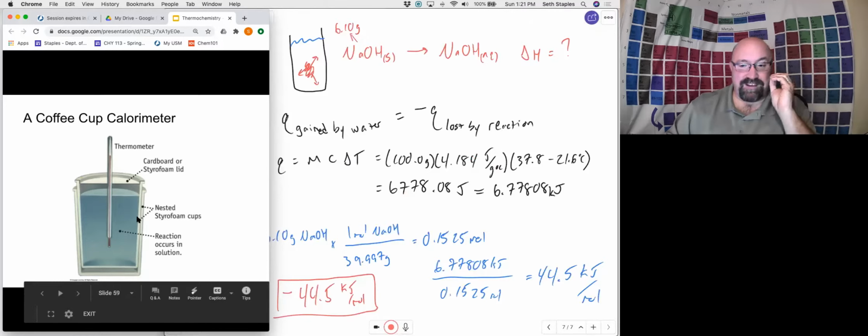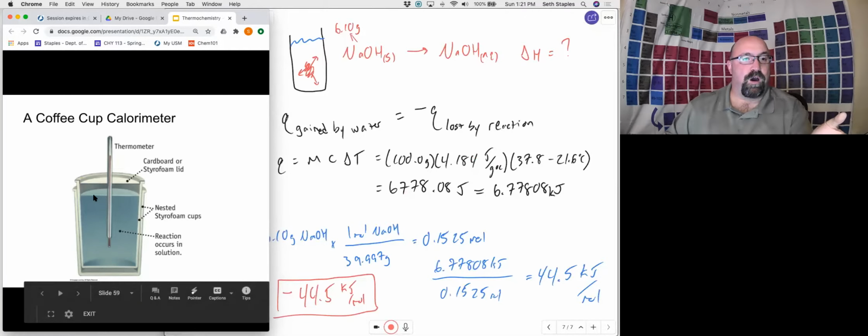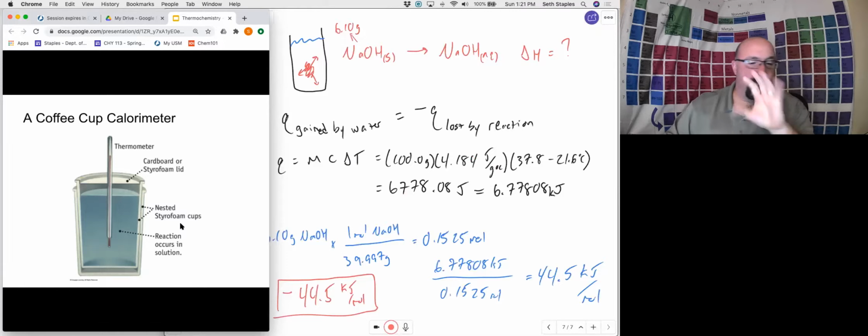If we have an exothermic system where the reaction is giving off energy, then yes, most of that energy is going to go into the water, but some of that energy is going to be absorbed by the calorimeter as well. For the processes that we've talked about so far, or if we ran this in an educational lab, it's not going to absorb enough to really interfere with our calculations.